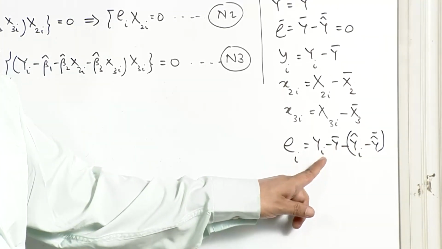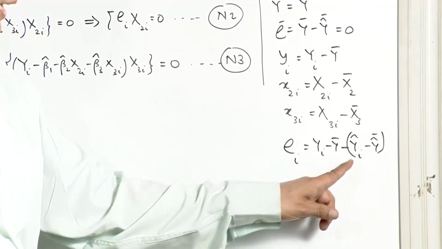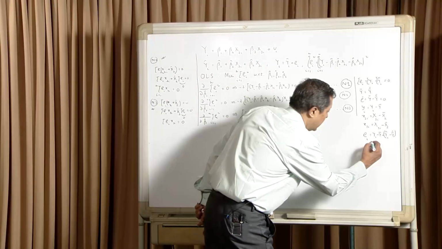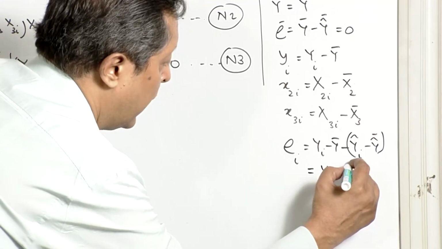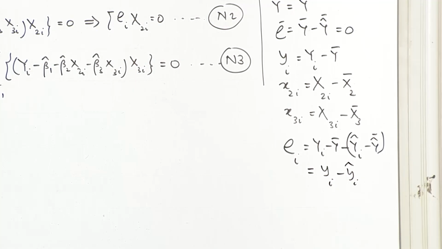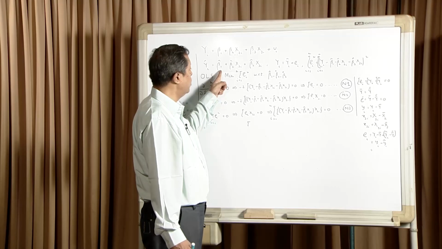So, from the first term and from the second term we are subtracting y bar, which is equal to y hat bar, and we get e_i is equal to small y_i minus small y hat i. So, now this small y hat i means that the intercept term will go away. If you take away the mean, then this intercept term will go away.